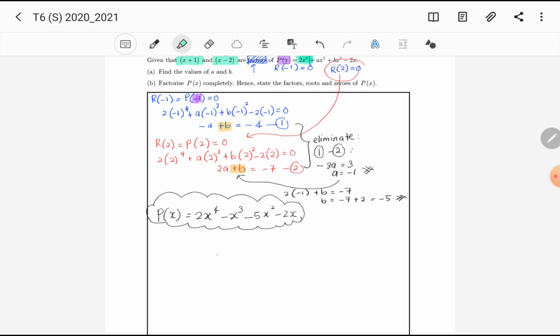Ya? Okay. So, macam mana nak cari 2 lagi factors? So, kita akan buat long division. So, kita akan tulis the polynomial 2x power of 4 minus x cubed minus 5x squared minus 2x divide by kita punya divisor ni. Divisor adalah dia punya factors, the 2 factors. Dan factors kita ada x plus 1 times x minus 2.